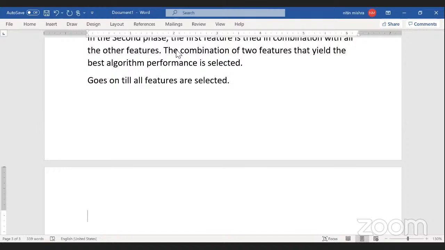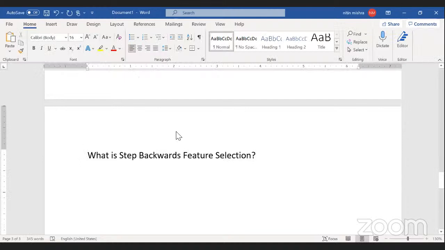It is not the case. So let us try and understand what is step backward feature selection. This also is a stepwise process.